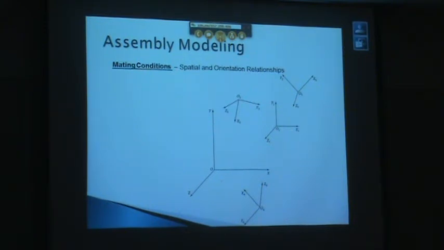What is the space and what is the orientation? So what is the distance that it's separated and what is the orientation of its x-axis in comparison to the x-axis of its subassembly or assembly?